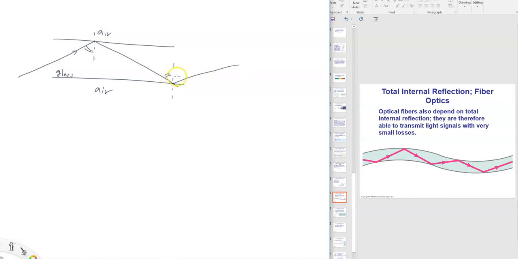Likewise, with consecutive reflections, the light can travel through the optical fiber. Advantage: it doesn't need to be a straight line. You can have the light going through a bend like this, through multiple reflections, right?